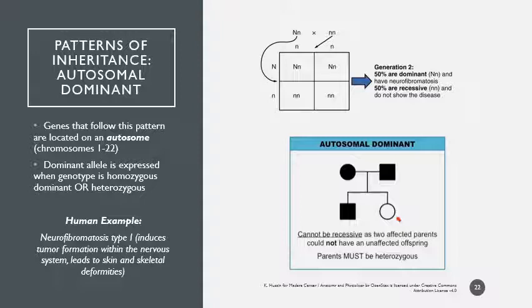So for example, achondroplasia or dwarfism is caused by an autosomal dominant condition. There's another one called neurofibromatosis type 1. That one causes tumor formation in the nervous system and leads to skin and skeletal deformities. That one, if you have even one copy of that allele, that's what you're going to express, this condition.